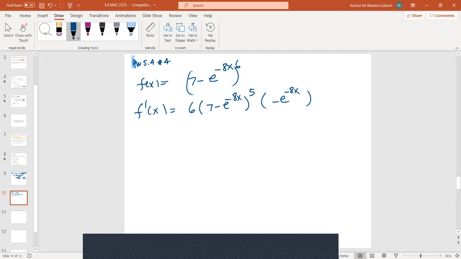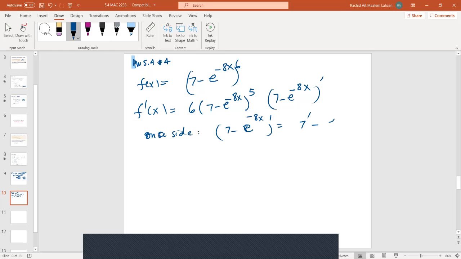Let's do this one at a time so you see this part here. We're going to do the derivative of this inside. Let's do it on the side.